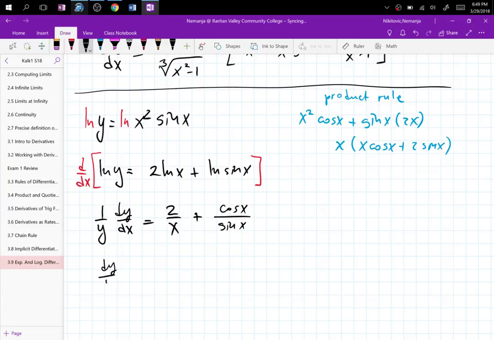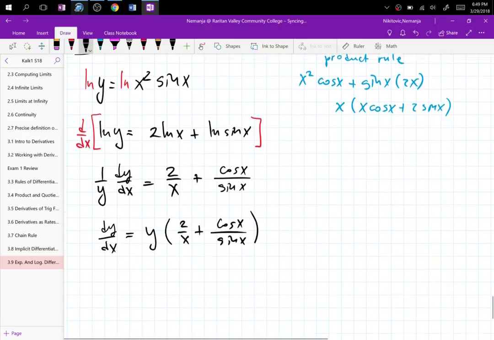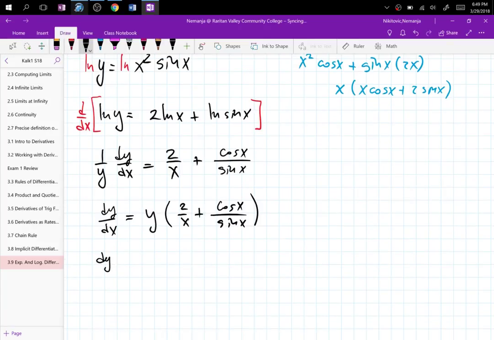I have dy dx is equal to y times 2 over x plus cotangent. Let's write cosine over sine because we're going to replace stuff and then cancel. So let's leave it as cosine x over sine x for now. Now we're going to replace what y is. So dy dx is equal to x squared sine x times 2 over x plus cosine x over sine x.